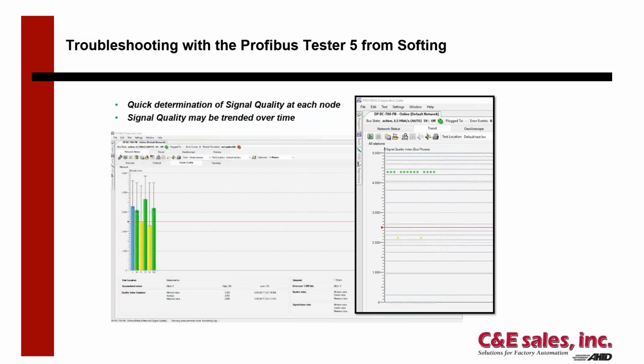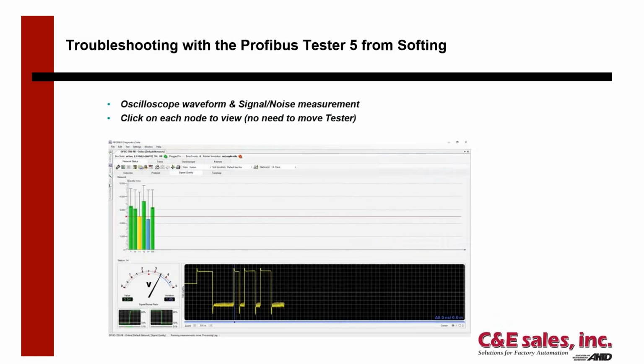This is nice because not only would you want to test your network while you're in an outage, but you may also want to look at your network when you're running, because there's a lot more noise when all the drives are running and all the MCCs are engaged. So I would look at it both when you're in an outage state and when you're running, and see what your signal strength looks like.